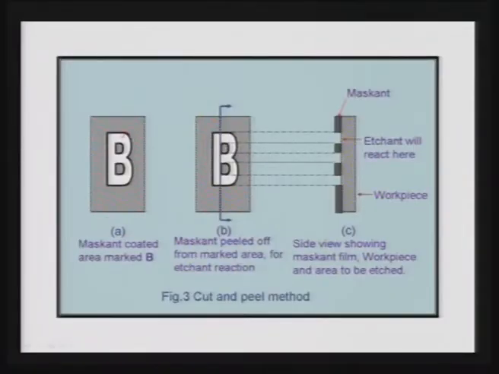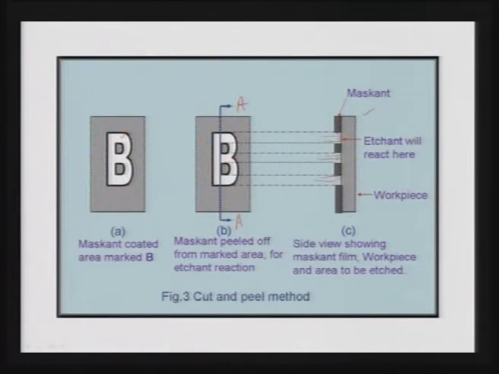Now, if you take the section of this particular one at AA, then you see that the maskant layer is there in the last figure, and then here the etchant will penetrate and start removing the material at these places.